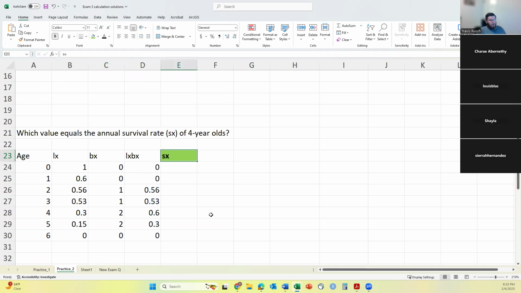I would do this on scratch paper myself personally. And then we have to go to 4-year-olds at least. So we know that we need to fill in S of X. How do we go about doing that based on the data that we have? Unfortunately, we don't know the first value of S of X. It's not always 1 like L of X. So we notice L of X is 1 over here, but we do know some equations. What values do we have that will help us get the S of X values that we want?